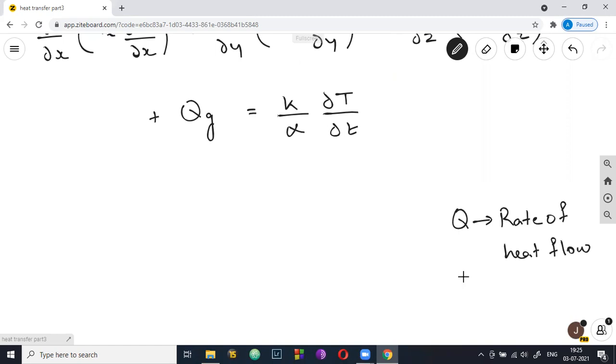What do you mean by rate of heat flow? That is quantity of heat flowing per unit time. That is joule per second is the unit. Flux is referred by Q by A. This is what is known as heat flux. We normally represent that by small q. Is that clear?